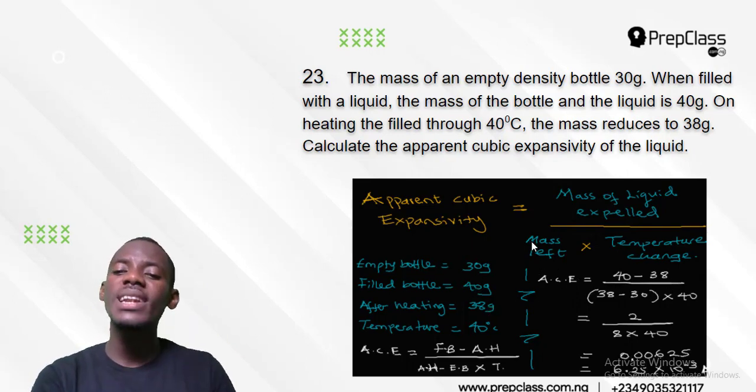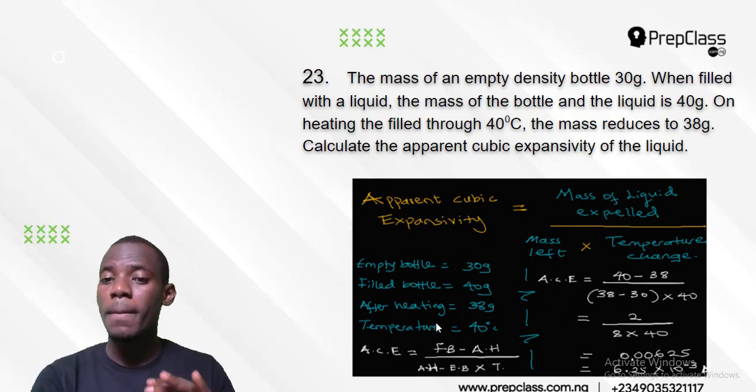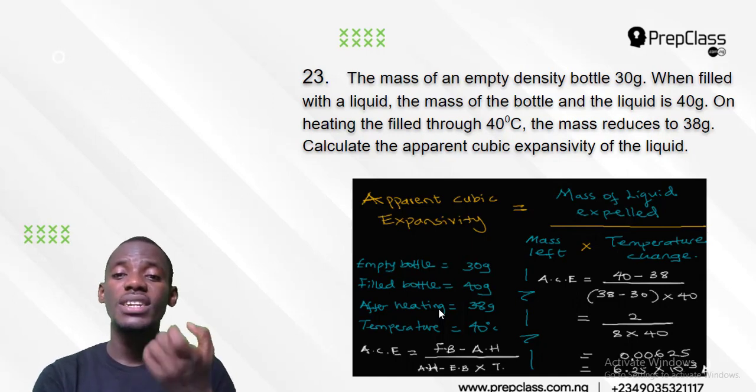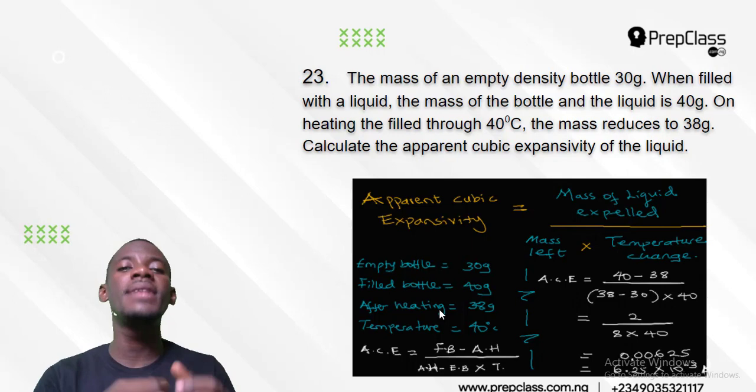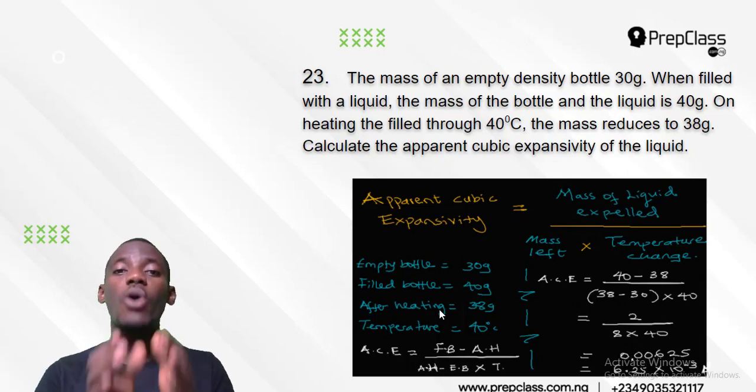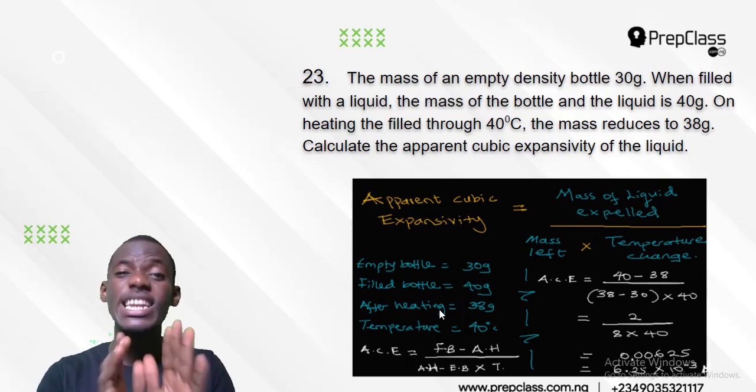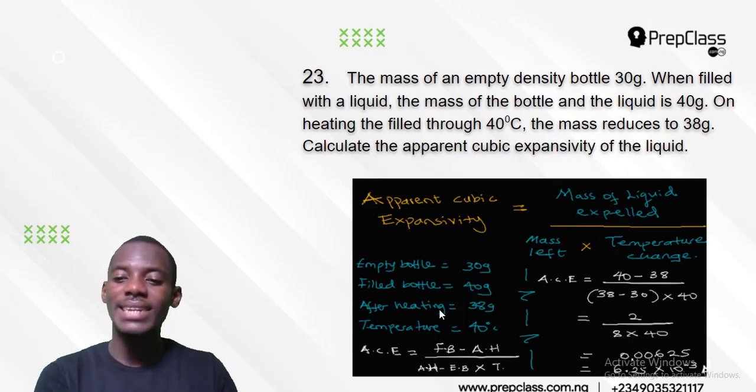Then the mass left is the mass after heating minus the mass of the empty bottle. If you remove the empty bottle from the mass after heating, you are finding the mass of the liquid in the bottle, because you are removing the mass of the bottle. It becomes pure liquid, and that is what you have as the mass left here, times the temperature, which is 40 degrees Celsius.